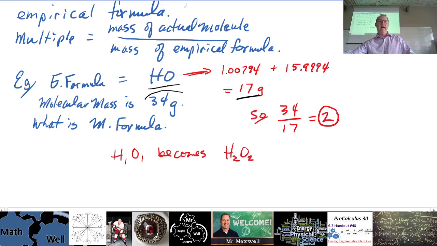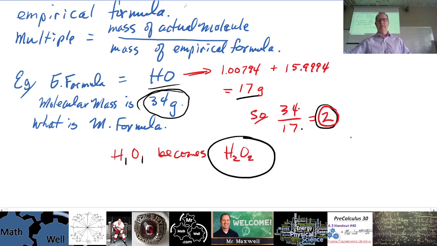So the mass of the actual molecule is 34, so 34 divided by 17 is 2. That becomes your ratio. And so each one of these subscripts, the 1 and the 1, you multiply by 2, and it becomes H2O2, which is hydrogen peroxide. And we just got finished doing that, I think, yesterday, so it should be fresh in your mind.